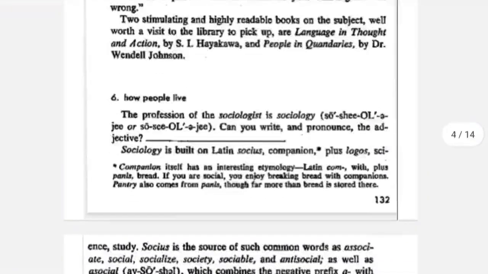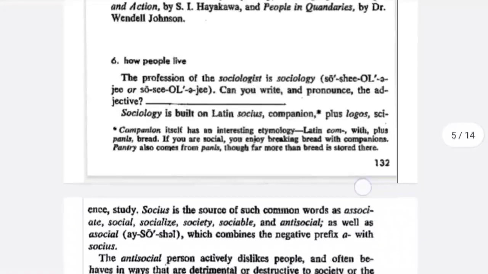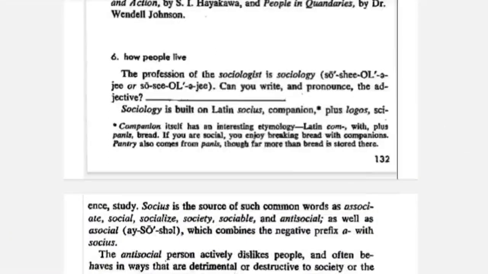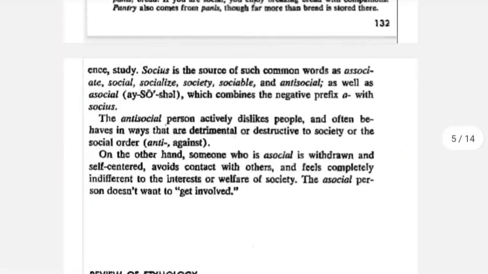The next word is sociologist or sociology. Sociology is built on the Latin socius, which means companion or who likes to live around people, plus logos. The next word is antisocial, which has the roots anti, which means against, and socio, which means community or people.